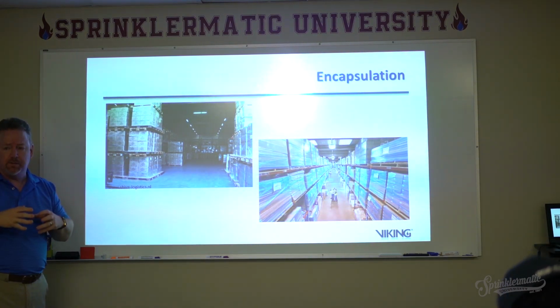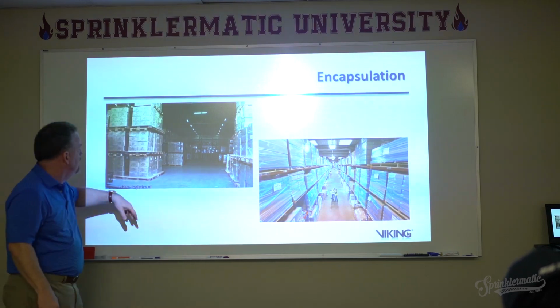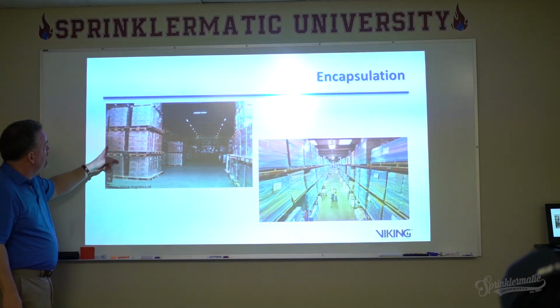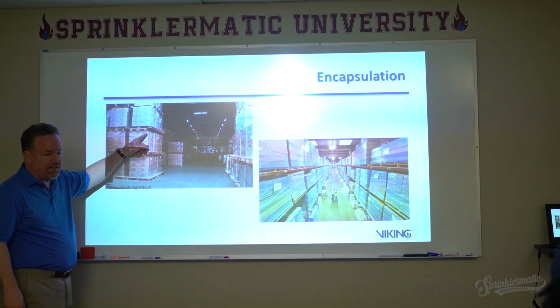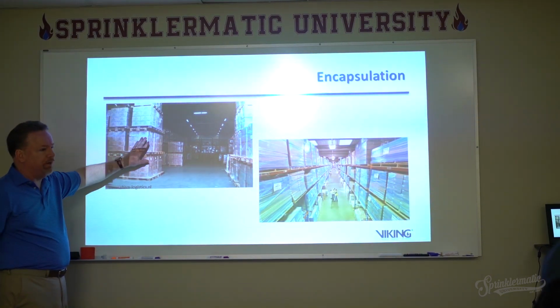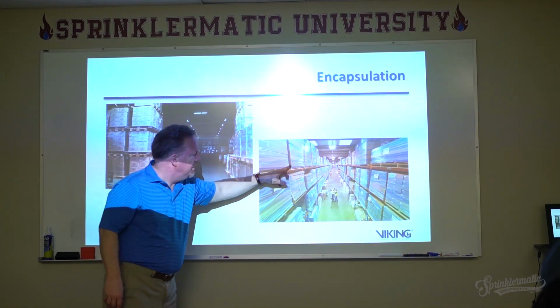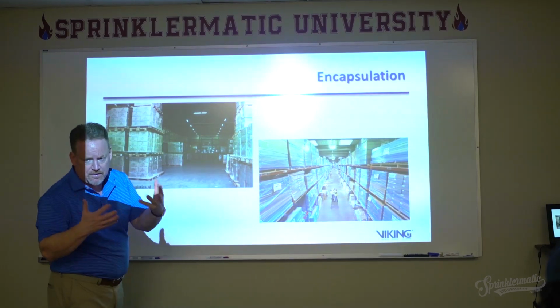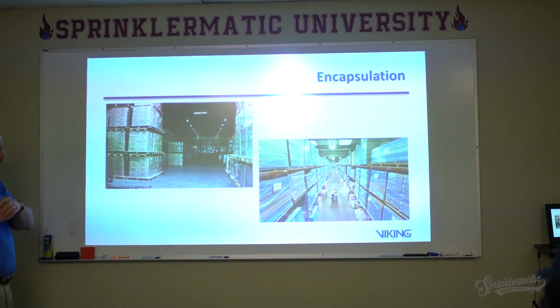Shrink wrapped, yeah, absolutely. That's the encapsulation. Now, if I have just plastic wrapping around one box and then I'm placing that box on top of others and they're all individually shrink wrapped, that's not considered encapsulation. Encapsulation is around the entire pallet load that's going onto that shelf.